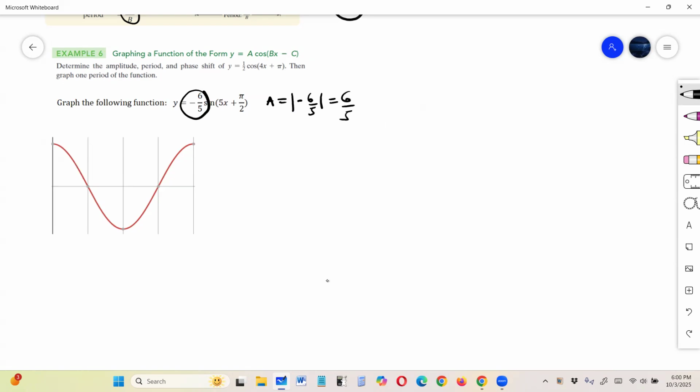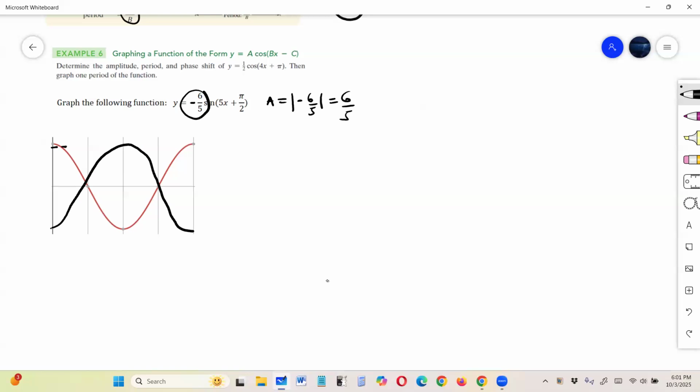So because of this negative, the cosine is reflected on the x-axis. All right, so this is the best I can do from this app.